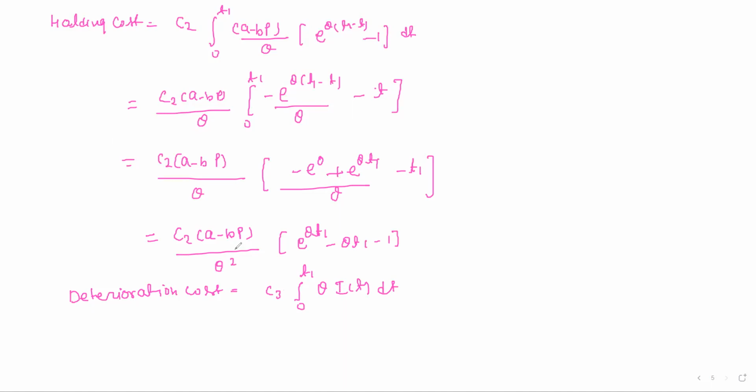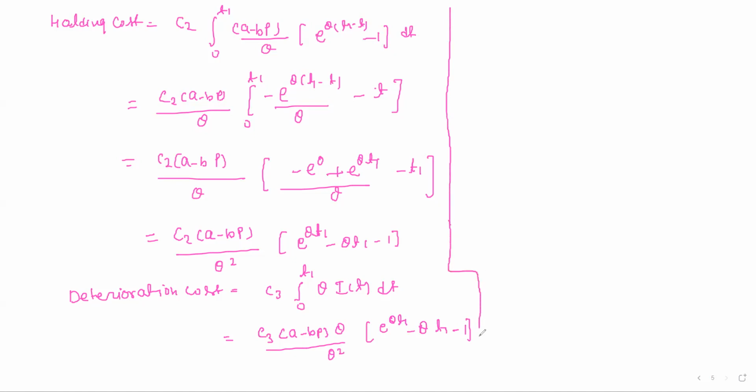So no need to find this like that. But it is only when theta is constant. If theta is time dependent, then it will change. So it becomes C3 (a minus bp) theta upon theta square, e to the power theta t1 minus theta t1 minus 1. So this is the deterioration cost.